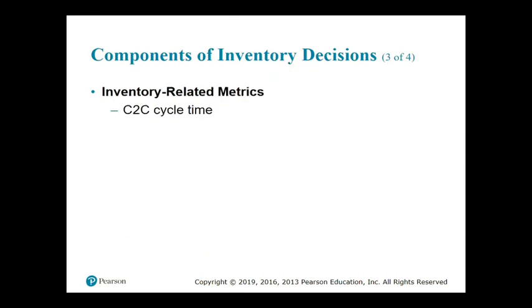So how do we evaluate inventory systems? One is to look at C2C cycle time. So we already explained how to calculate C2C cycle time, and it's basically the duration between purchasing inventory and selling and receiving the money for that sales of inventory.